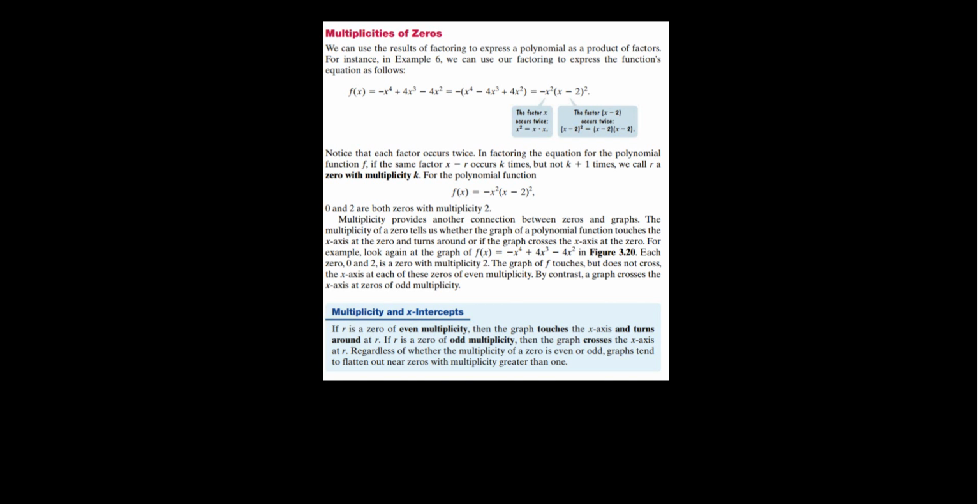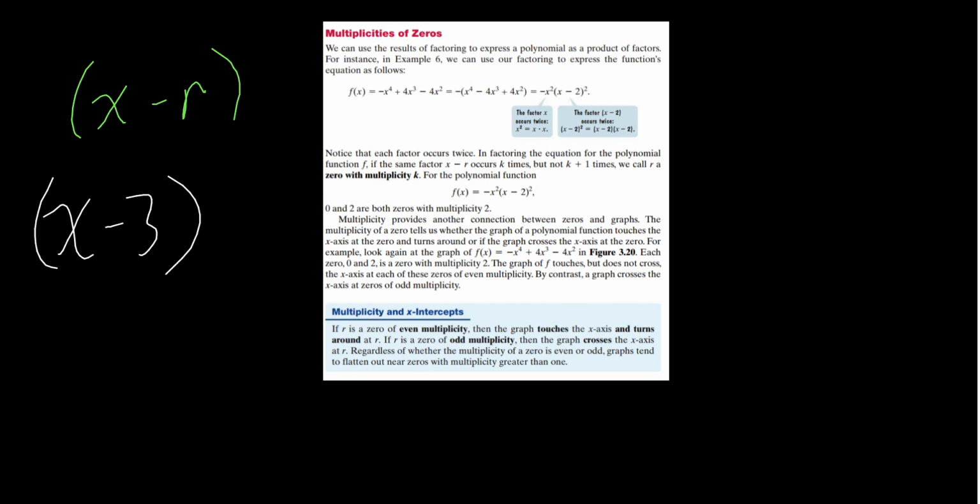If we had x minus r, this r is the root, because if it was x minus 3, that means my root is at x equals 3. Or in other words, x is equal to r. So think of it as the root.